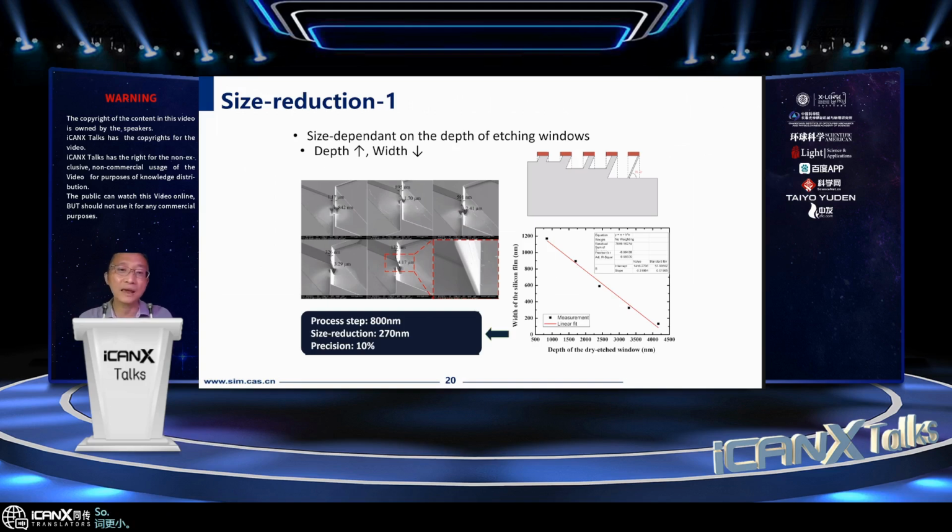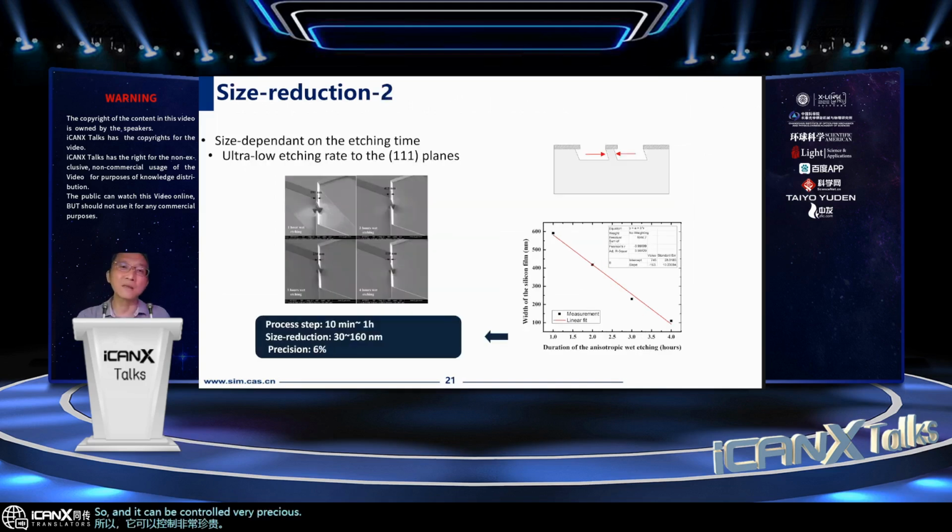So we can use the resolution of lithography at 1 micron to define the size of the nanowire at 100 nanometers, and it can be controlled very precisely.